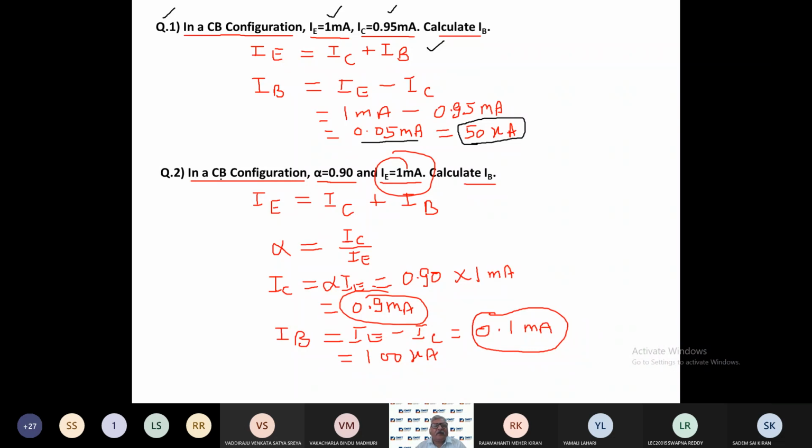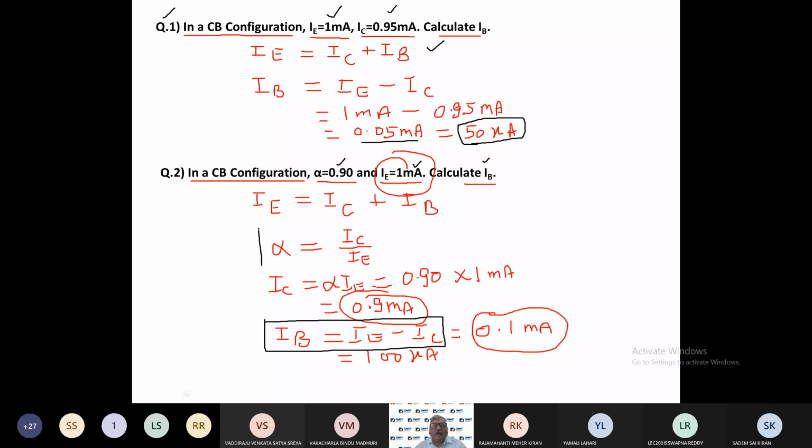See the second question. In common base configuration, alpha is given 0.90, IE is given 1 milliampere. Calculate IB. So to calculate IB, we need this expression: IB is equal to IE minus IC. The value of IE is given, but we don't know IC. So first we will calculate IC.